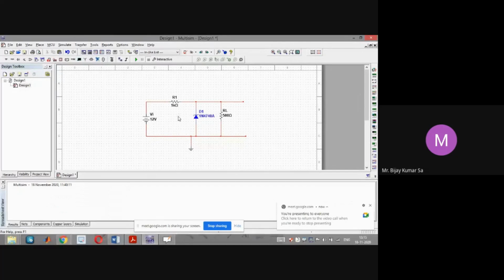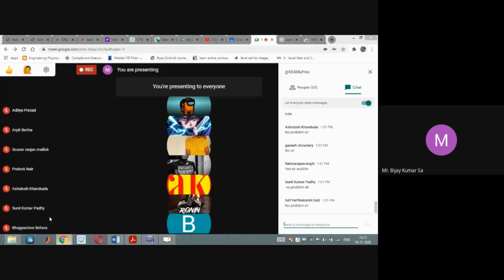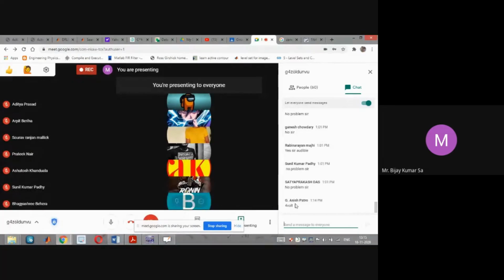Your current limiting resistance is 1 kilo ohm. The load resistance is 500 ohm. Okay, Ashish Patra, he says 4 volt. Others, they should verify it.